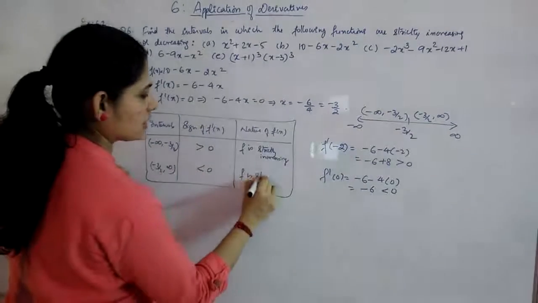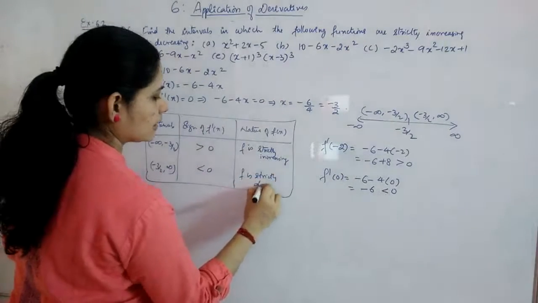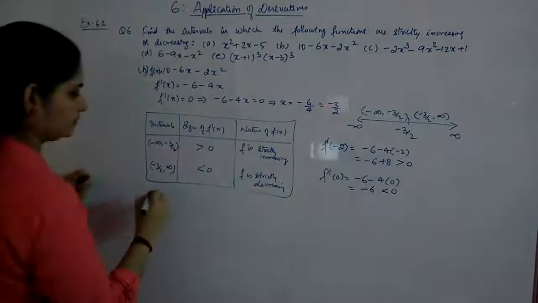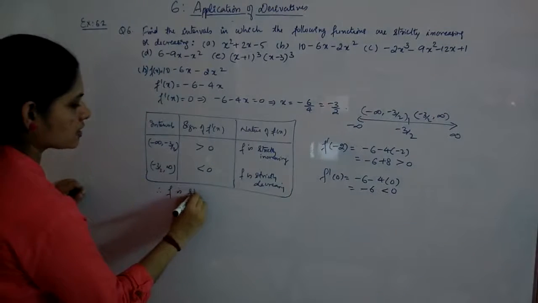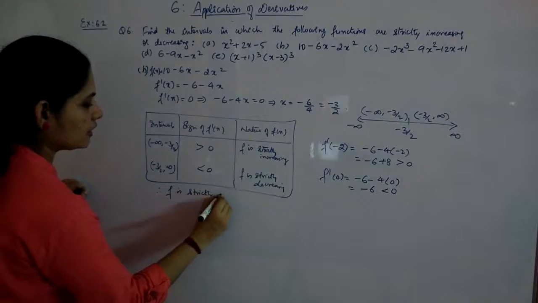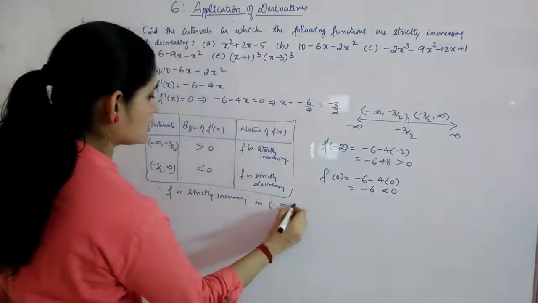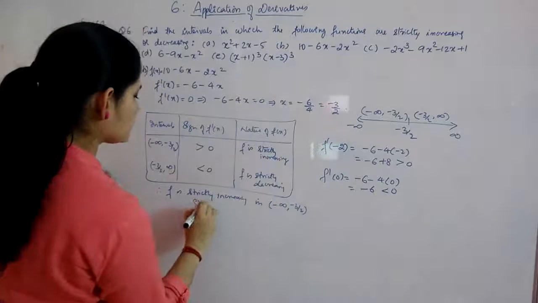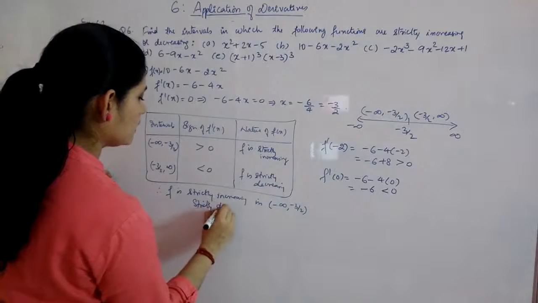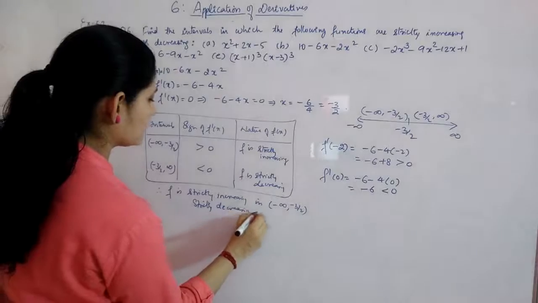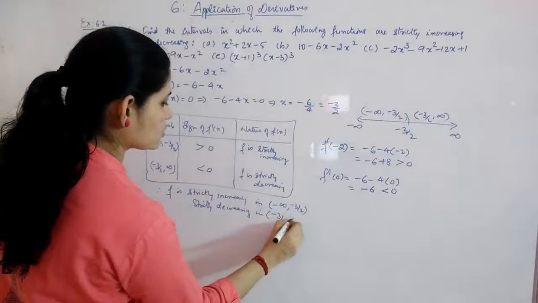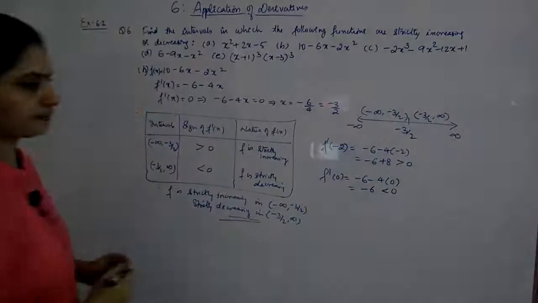Therefore, the function is strictly decreasing in this interval. For the conclusion, the function is strictly increasing in the interval minus infinity to minus 3 by 2 and strictly decreasing in the interval minus 3 by 2 to infinity.